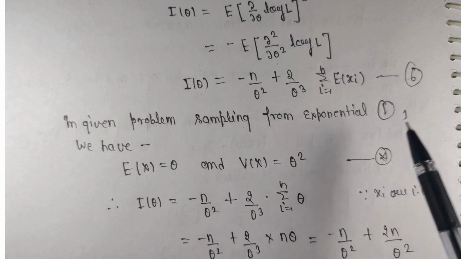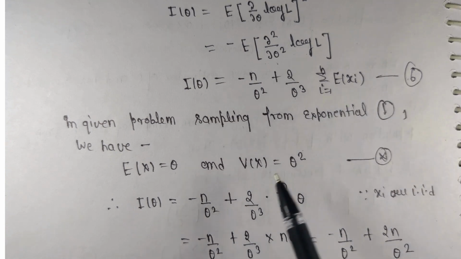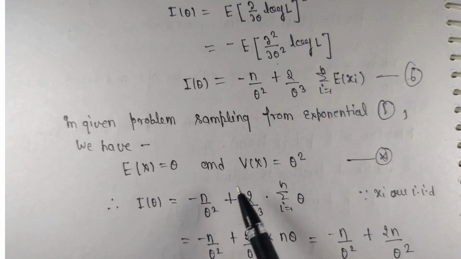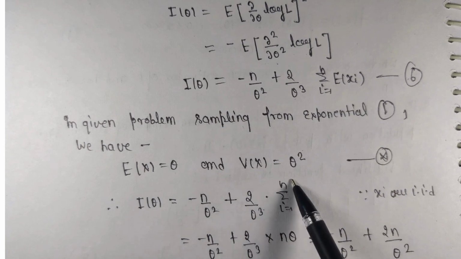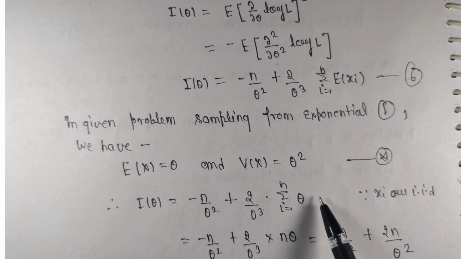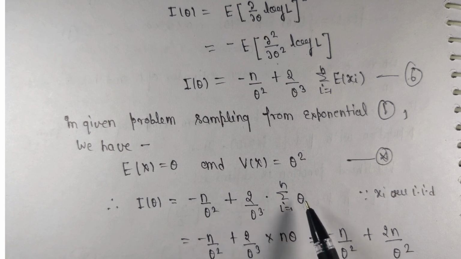Okay, so now again put the value of E(xi) in equation number 6, then we get I(theta) equal to minus n upon theta square plus 2 upon theta cube into summation i going from 1 to n of E(xi), whose value is theta. After putting the value and simplifying, we get minus n upon theta square plus 2 upon theta cube into n theta.